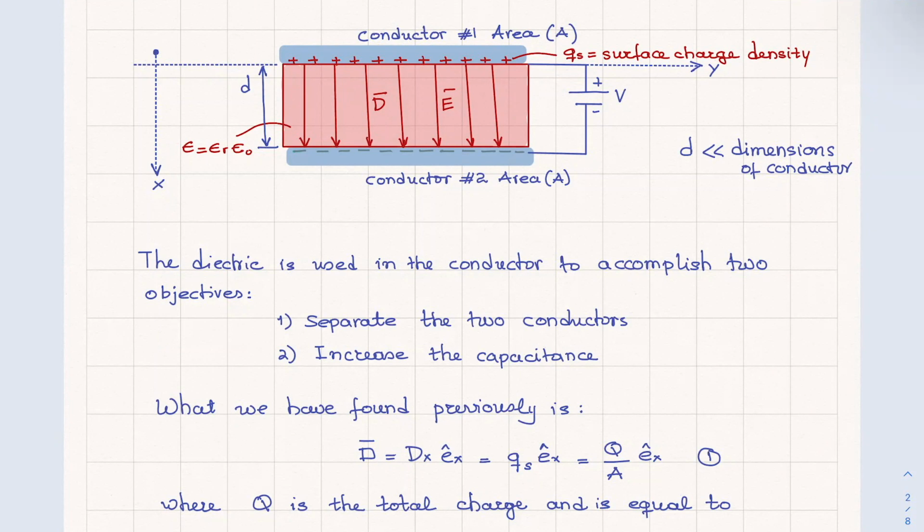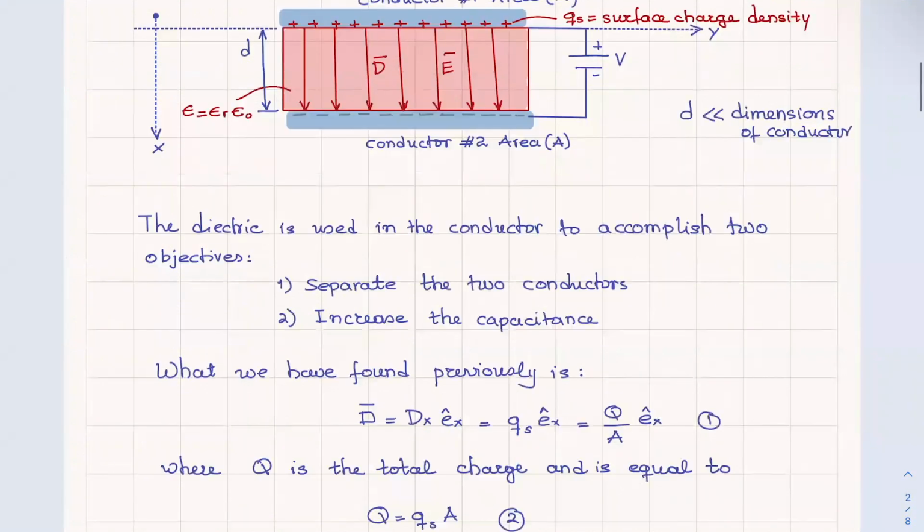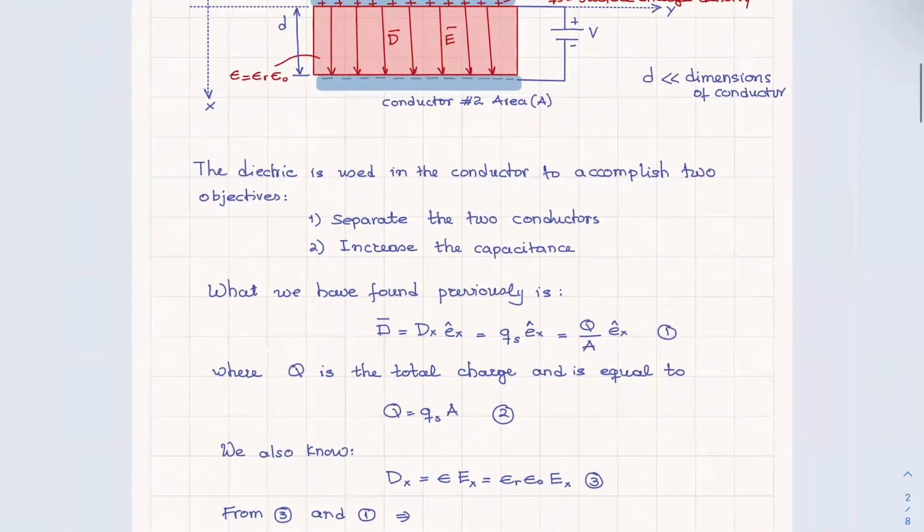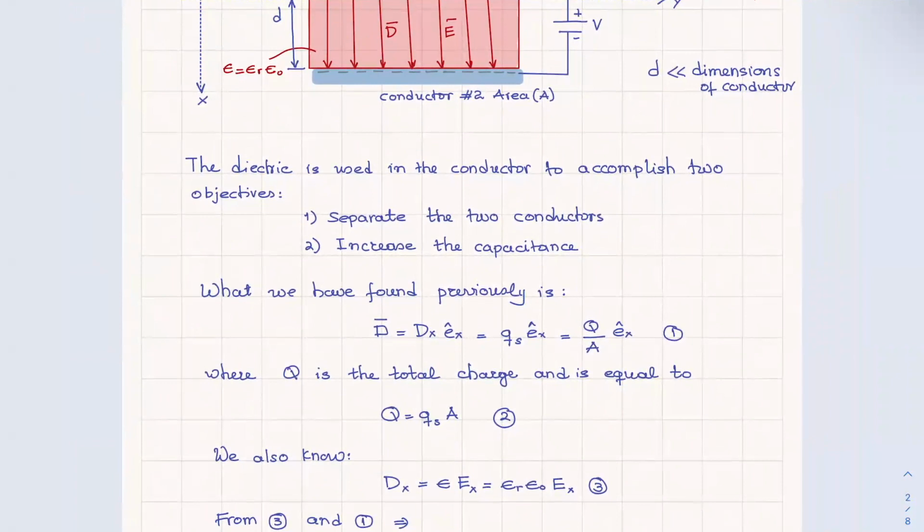In addition, as we will see later, the dielectric is not only used to separate the two metals, but is also used to increase the capacitance. And that's what we're going to see from the equations. So what we are doing first is writing down the things that we have already seen.